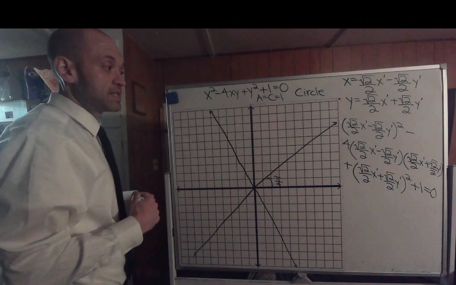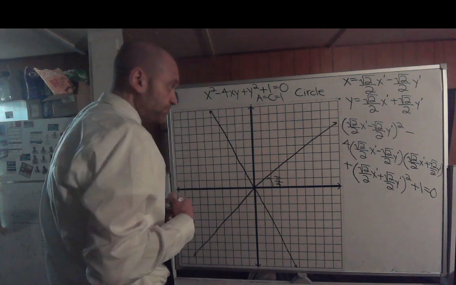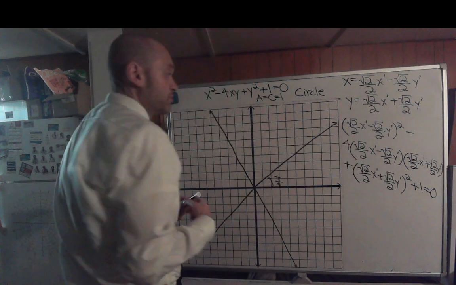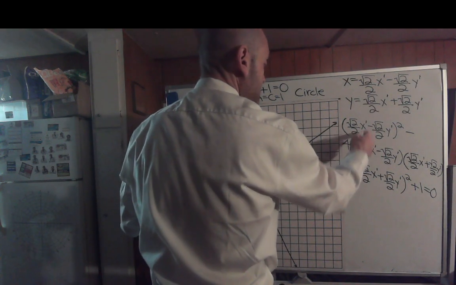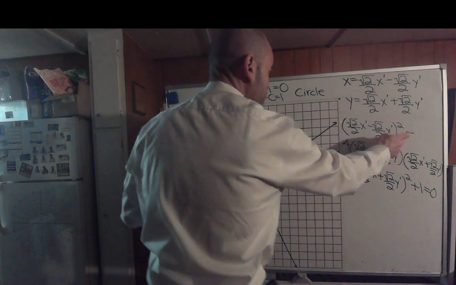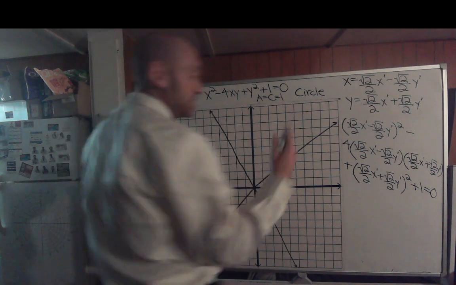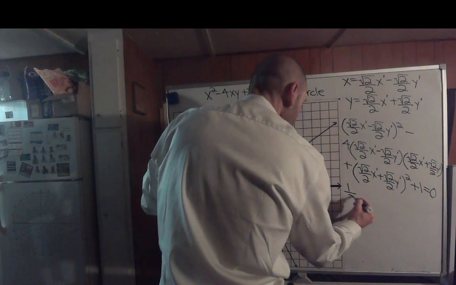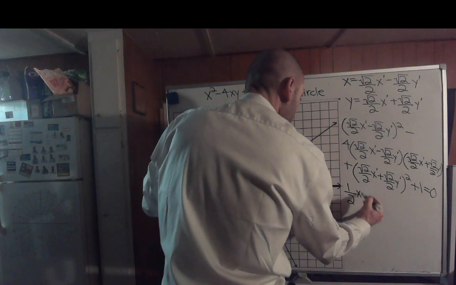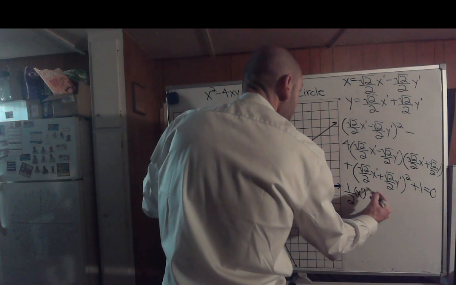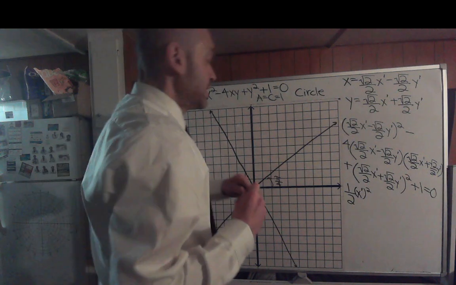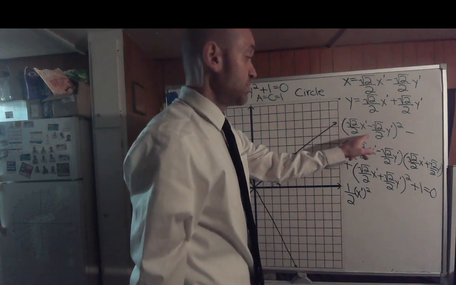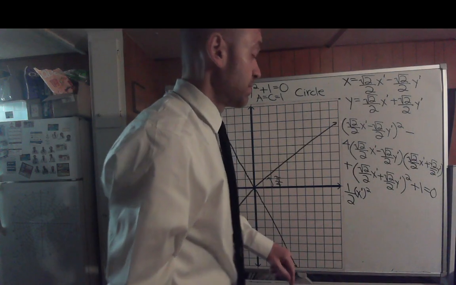So let's work on simplifying this. If we take the square root of 2 over 2 x prime minus the square root of 2 over 2 y prime, and we square that whole quantity, so square the first term, you get 2 over 4, which would be 1/2 of x prime squared. Now, we've got to take 2 times these two terms multiplied together.